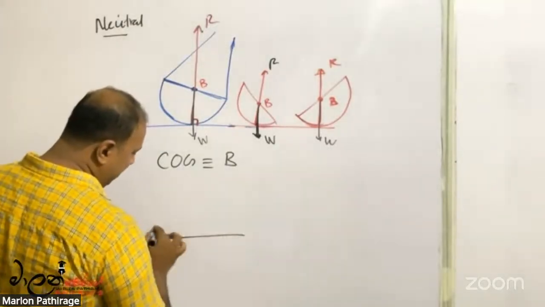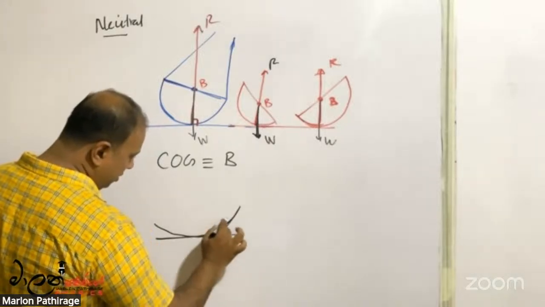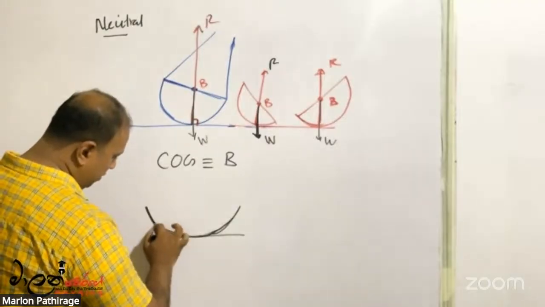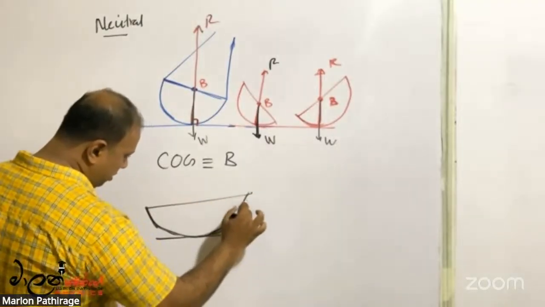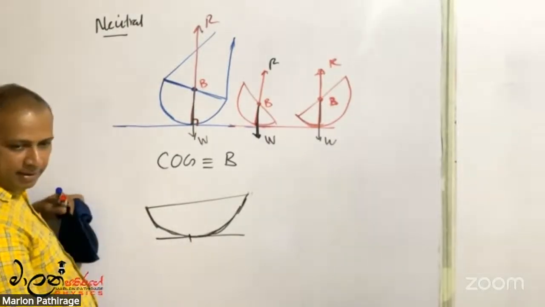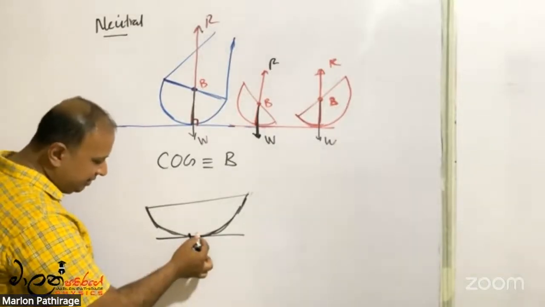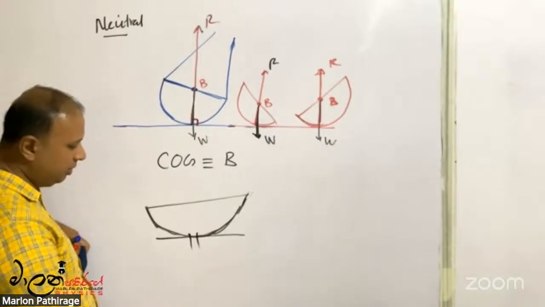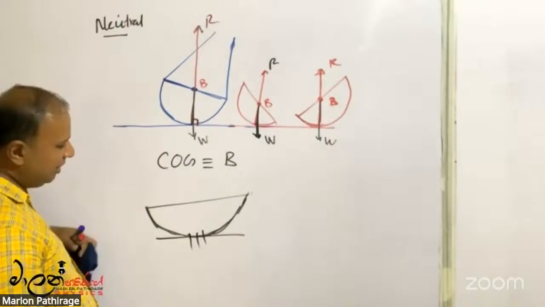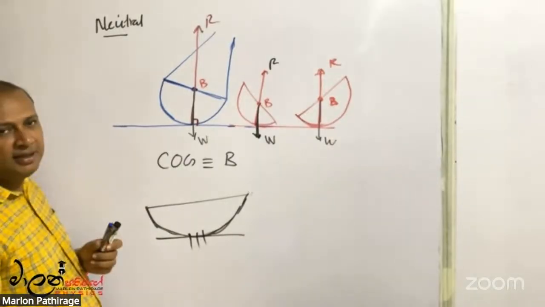If you draw a figure like this, now this is a contact point. Someone can take this one as the contact point, someone can take this one as a contact point. Therefore, if it is a circle, then definitely there should be one contact point.